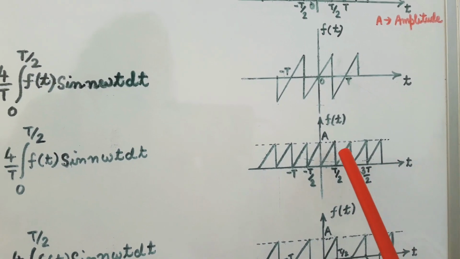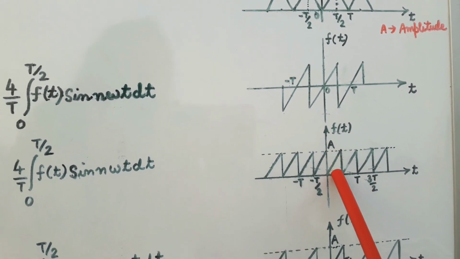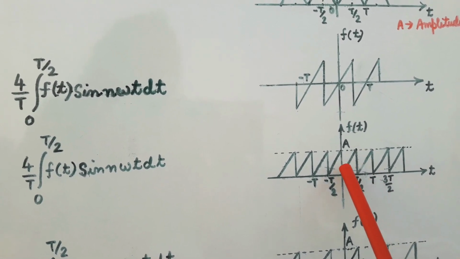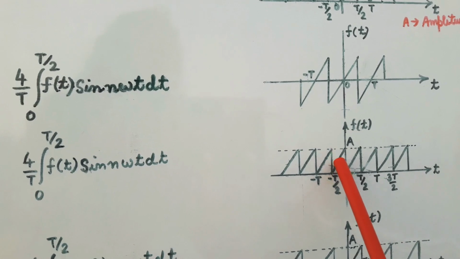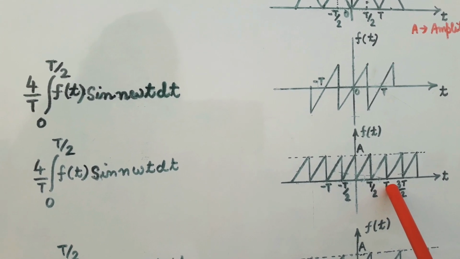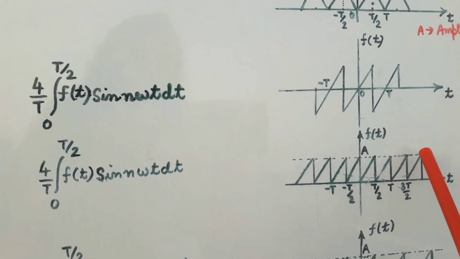From this figure we find that f(t) will be equal to f(t plus T by 2), which is also equal to f(t minus T by 2). This is the time period, this is the amplitude.